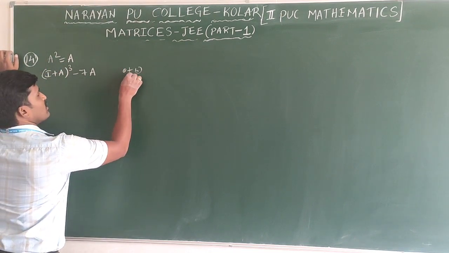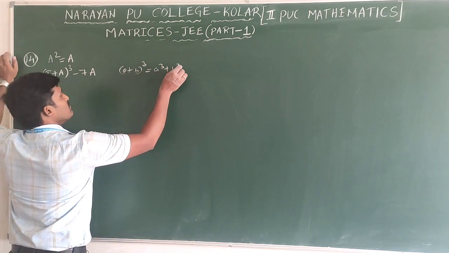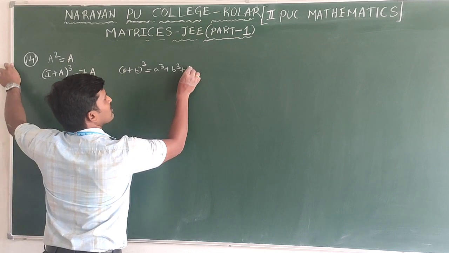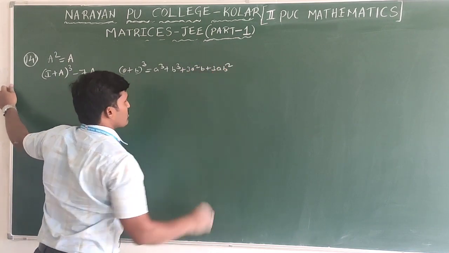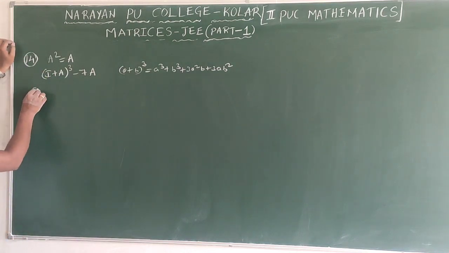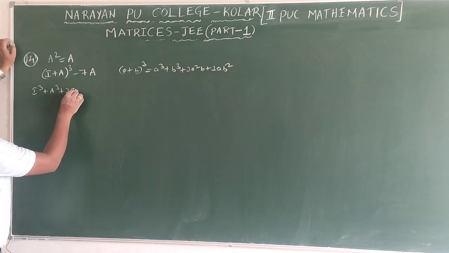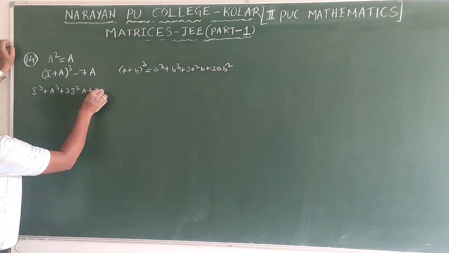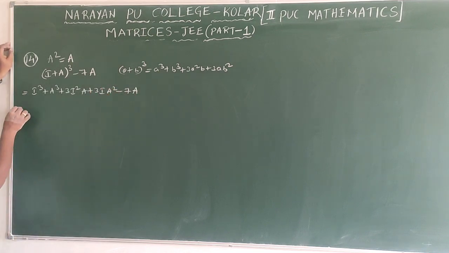What is the (A plus B) whole cube formula? A cube plus B cube plus 3A square B plus 3A B square. Now this is A, this is B. I cube plus A cube plus 3I square into A plus 3I into A square minus 7A. I power anything is I only, always.